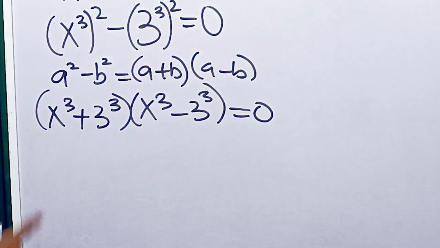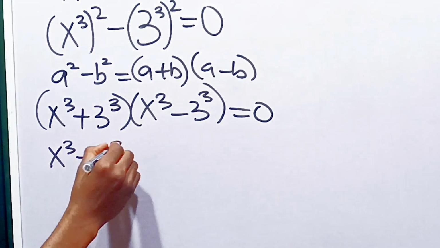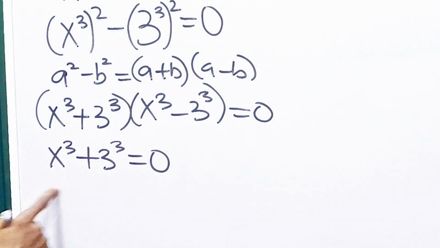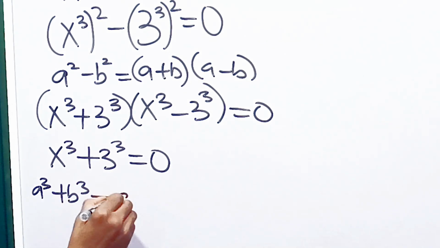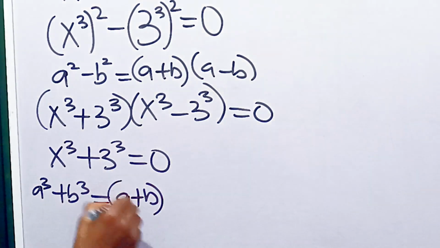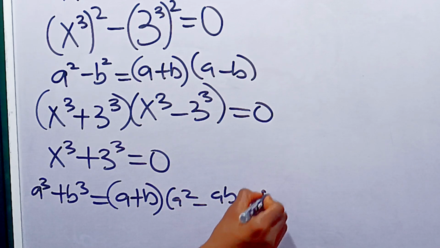Now we can collect 1, so we can say that it's either that x cubed plus 3 cubed is equal to 0. Using the law of sum of 2 cubes, a cubed plus b cubed is equal to a plus b multiplied by a squared minus ab plus b squared.